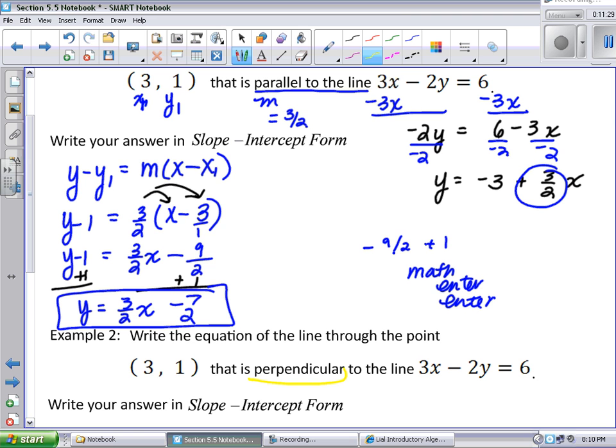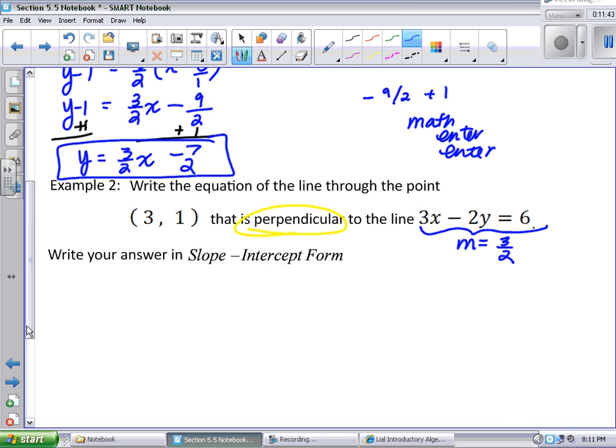We want to do perpendicular instead of parallel. So if I use some of the work from the example above, this line had a slope of 3/2. If we want perpendicular to that, we want to change the sign, make it negative, and flip the numbers: -2/3.